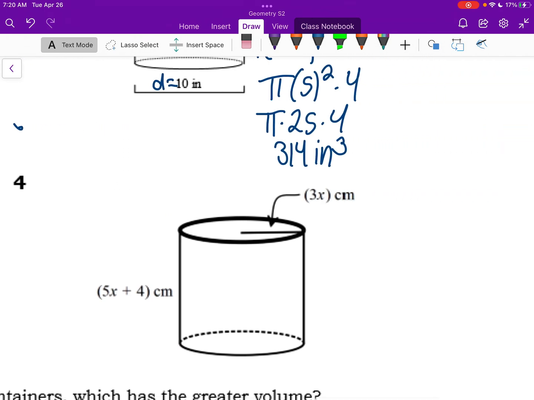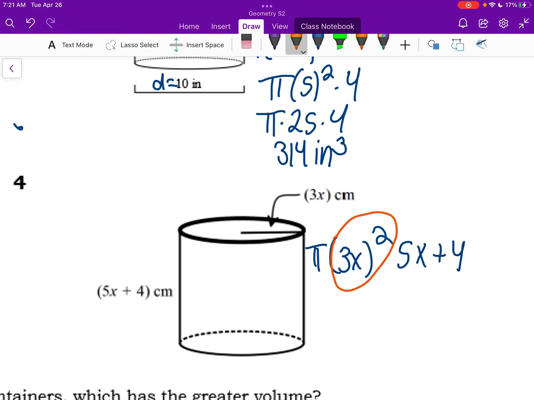All right. Number 4, it's in terms of x, so a little bit more complicated, but not too much. So 3x squared times pi times 5x plus 4. So again, we want to use the square button first. We're going to keep it in terms of pi, so we're not going to really times it by pi. So I have 9x squared times 5x plus 4.